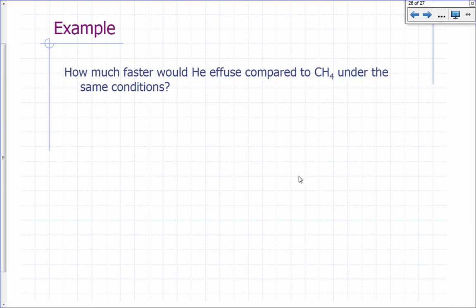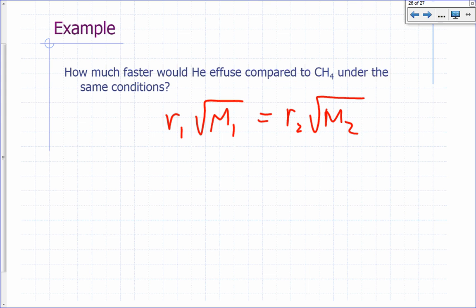How much faster would helium effuse compared to CH4 under the same conditions? So let's compare the rate of diffusion. So we say R1 square root of M1 equals R2 square root of M2. We're going to call CH4 our gas number 1, and we're going to call helium our gas number 2.